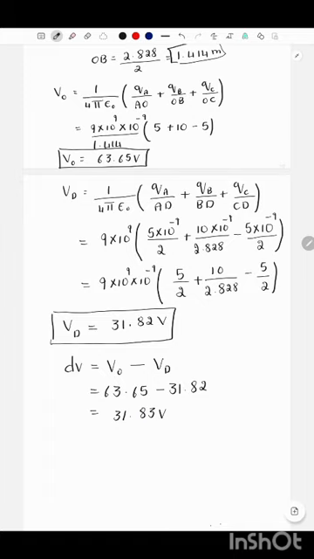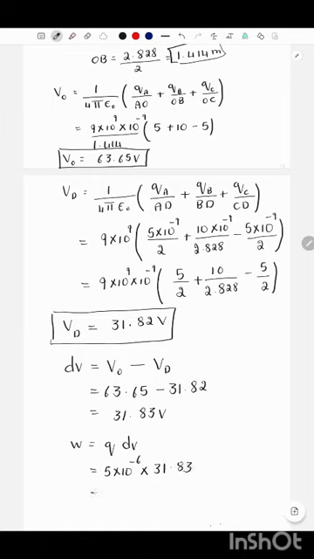When we got the difference in the potential, what do we have to calculate? We have to calculate the work done in transferring that 5 microcoulomb from point D to point O. Therefore, work done W is equal to, we know the formula, charge Q into potential difference. Okay, the value of Q is whatever they have given in the problem, 5 into 10 raised to minus 6, into the potential difference 31.83.